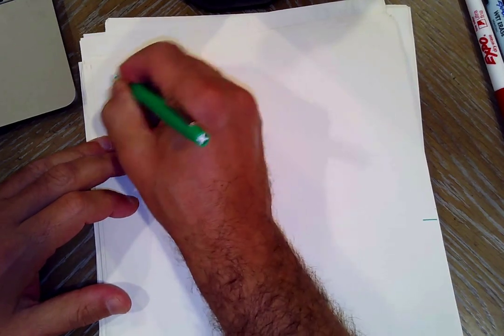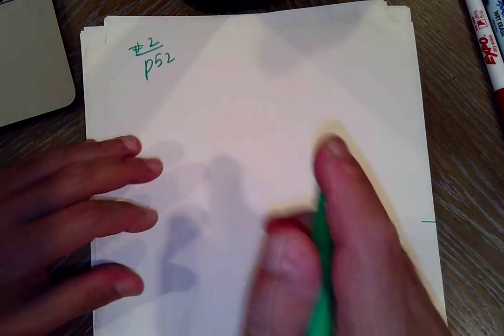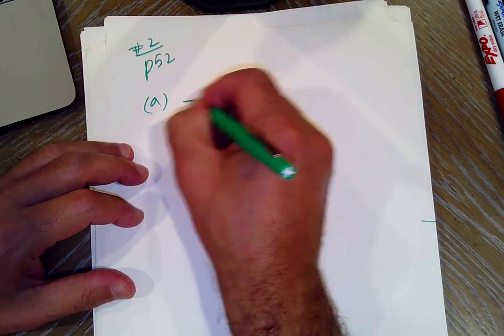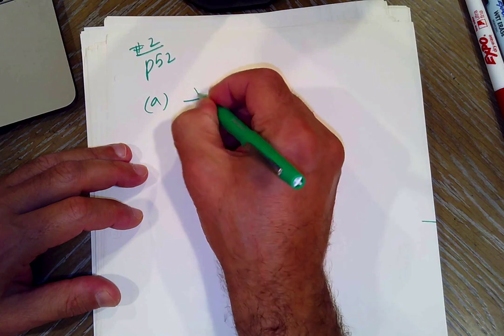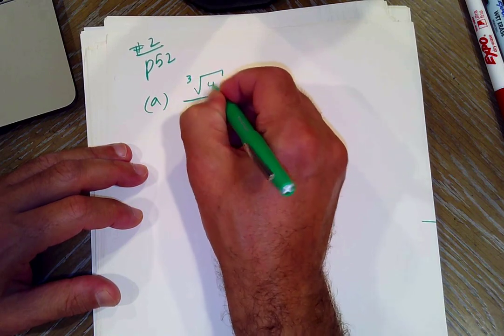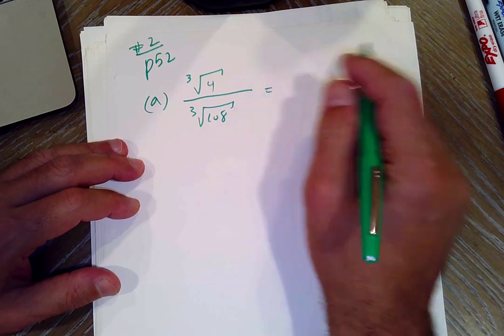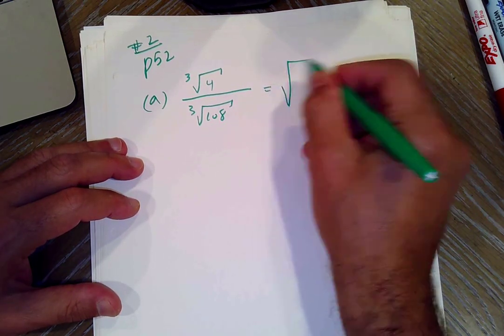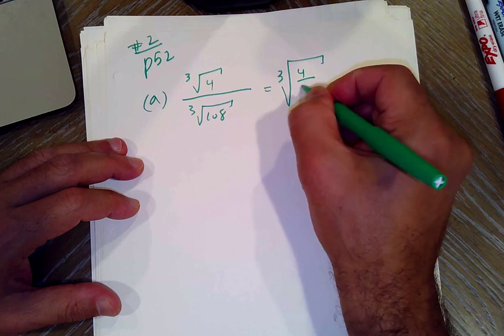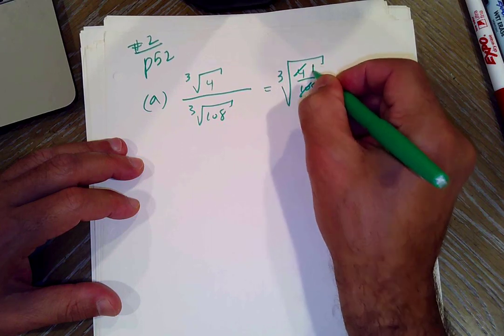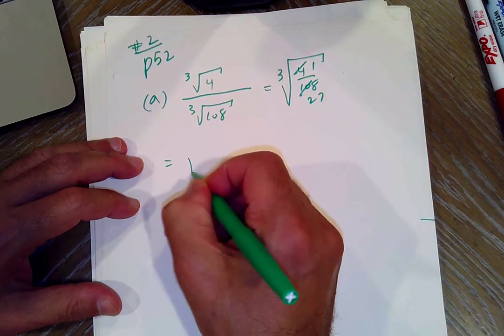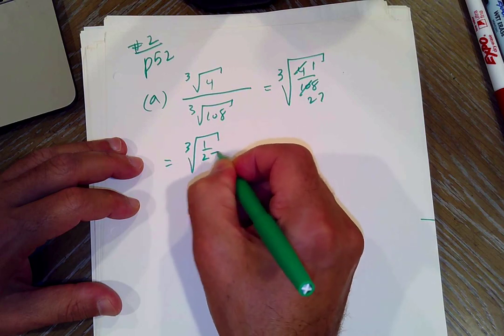Page 52, number 2. It says, use the laws of exponents to rewrite and simplify each expression. So you have cube root of 4 divided by cube root of 108. We can write this as cube root of 4 over 108, which can be reduced to 1 over 27, which is 1/3.